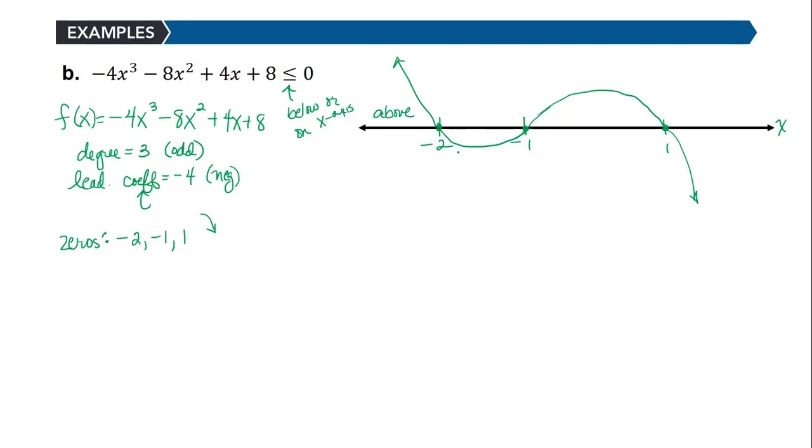Between negative 2 and negative 1, it's below. Between negative 1 and 1, it's above. And to the right of 1, it's below. And so right there, I know my solution set, because I can include the zeros, is bracket -2 to -1, union bracket 1 to infinity.